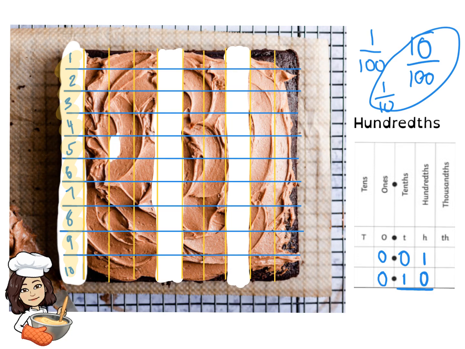I do like those middle pieces. Alright, that's a very weird way to eat a brownie, but I just wanted to make it a little bit more complicated.